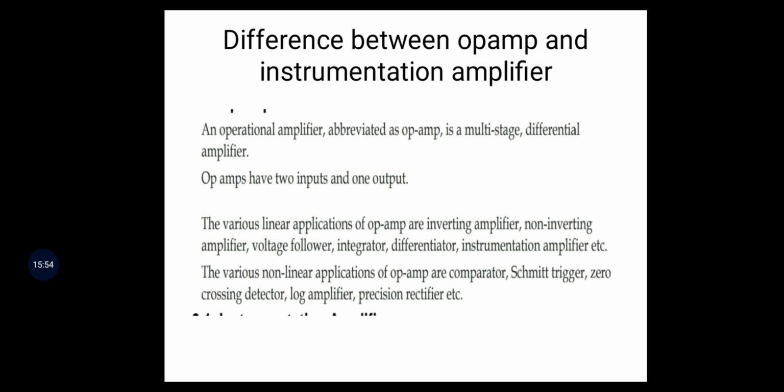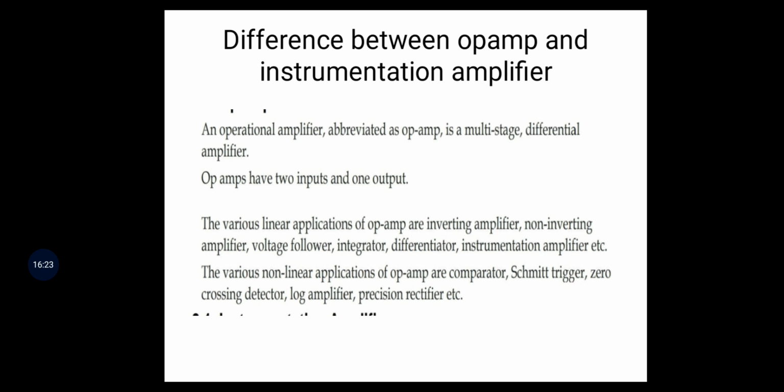The various non-linear applications of the op amp are comparator, Schmitt trigger, zero crossing detector, log amplifier, and precision rectifier. A comparator compares two signals. The purpose of the Schmitt trigger is to convert a sinusoidal signal to a rectangular waveform.